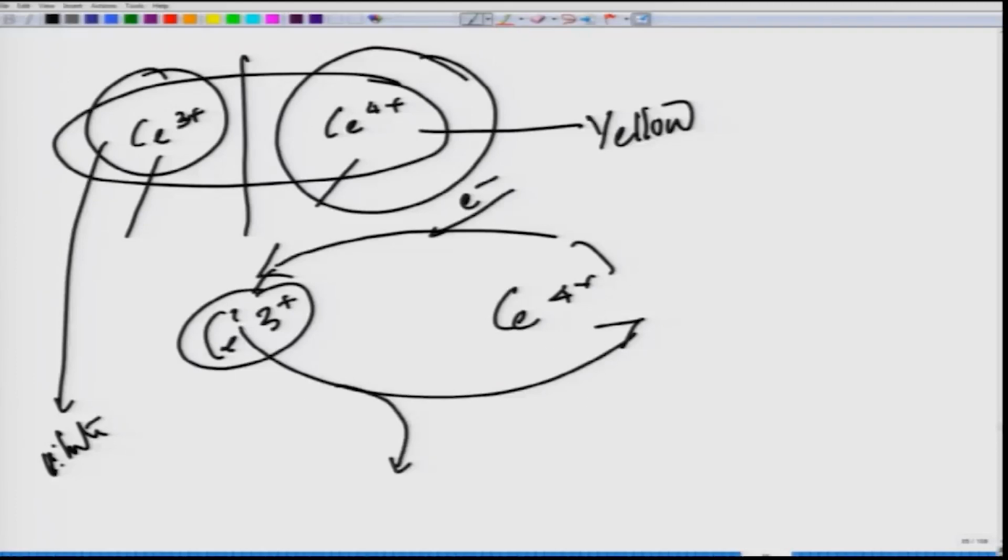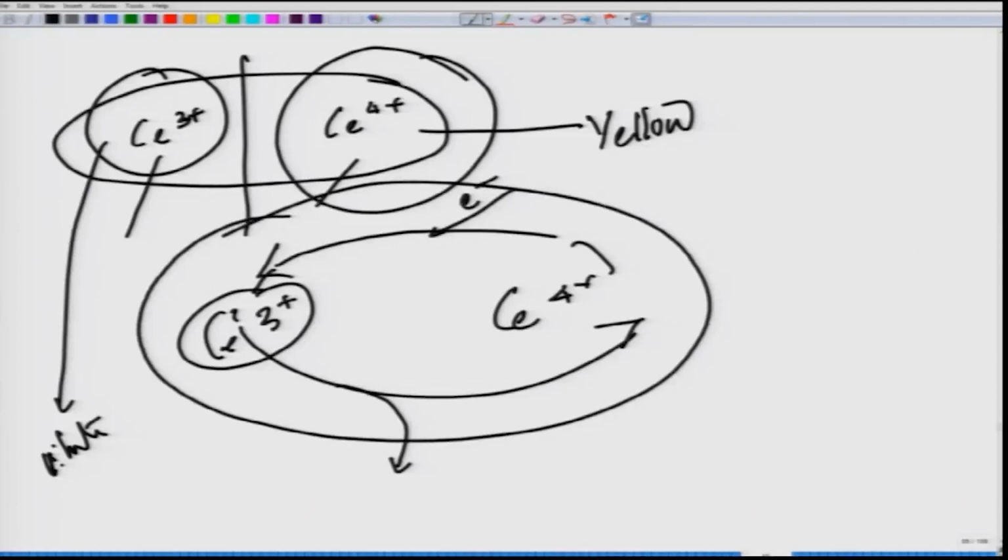So, you can use this cerium assembly to see the change in color to figure out how much electron is being transmitted, and if you connect it to a potential using a voltmeter, you can actually calculate this, and the oxidation of Ce4+.